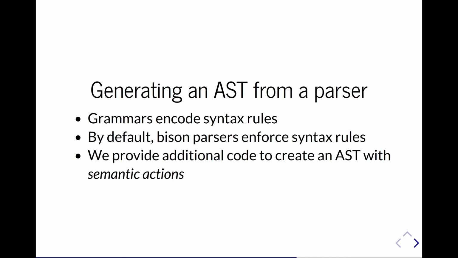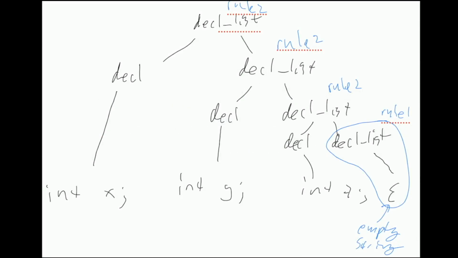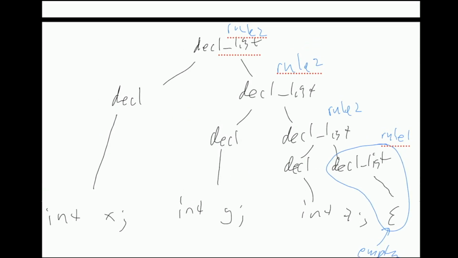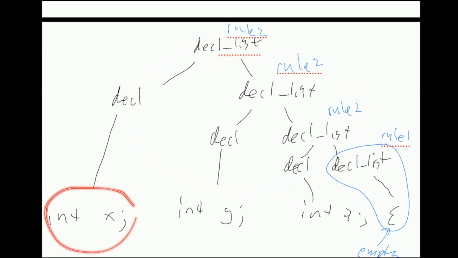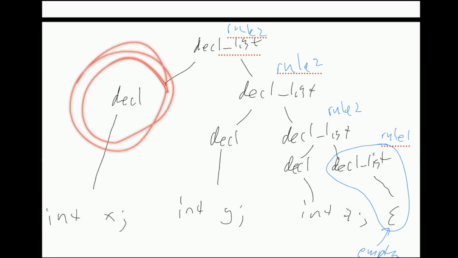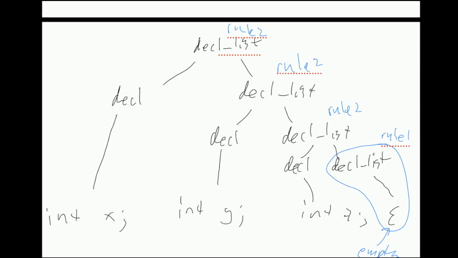So you can imagine, just like in our declaration example, Bison's not giving us this tree, but it will tell us whenever it's matched, say, a declaration. And whenever it matches a declaration, we're going to write code that will create this actual tree node for us, just like you did in CS1, creating trees.